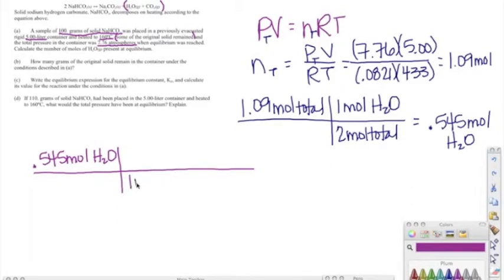So for every mole of water, we're going to use up 2 moles of the sodium bicarbonate. And again, this is just the mole ratio from the equation. And each mole of sodium bicarbonate has a mass of 84.01.